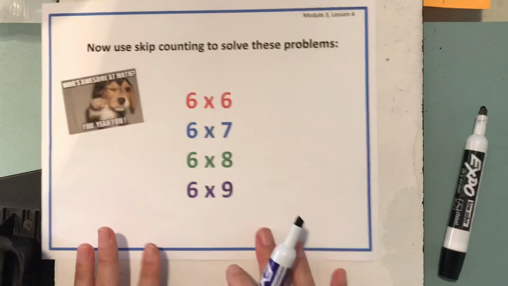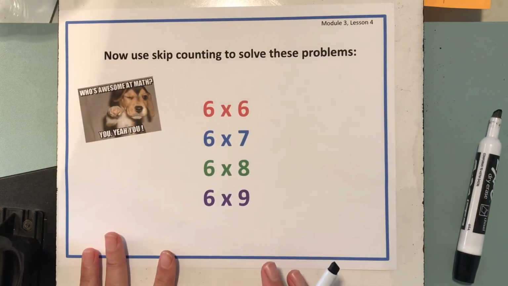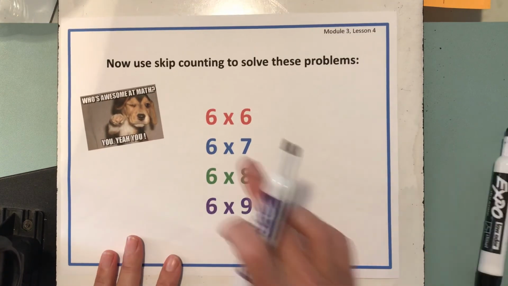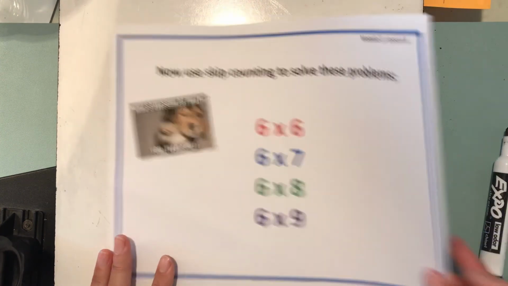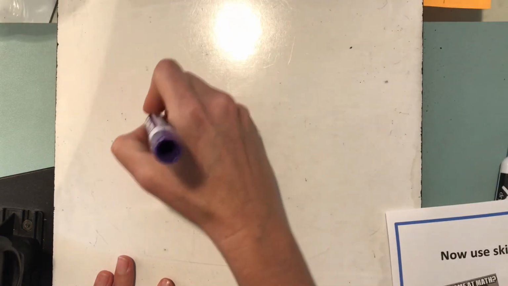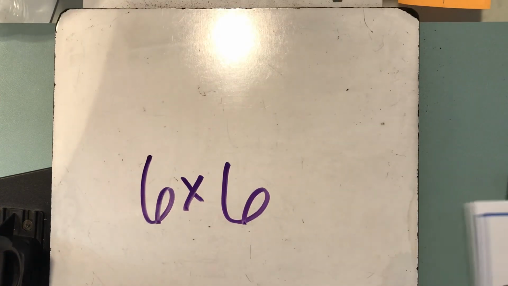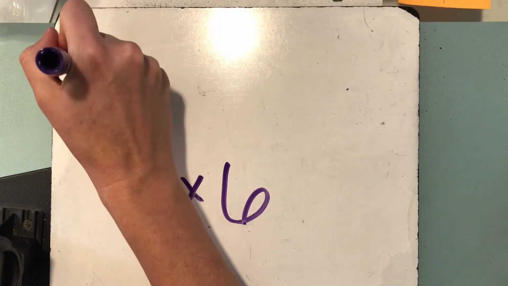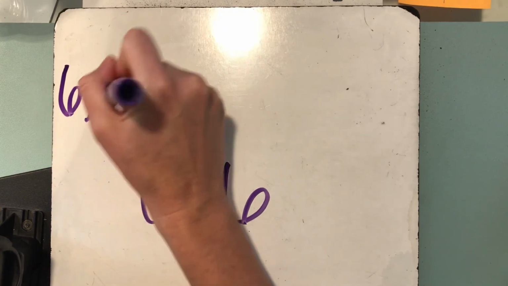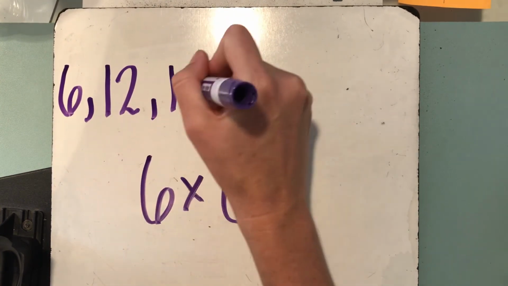And now I want you guys to practice a little bit. We are going to practice skip counting to solve each of these problems. So let's start with 6 times 6. I would suggest to do your sequence first to help you solve this.